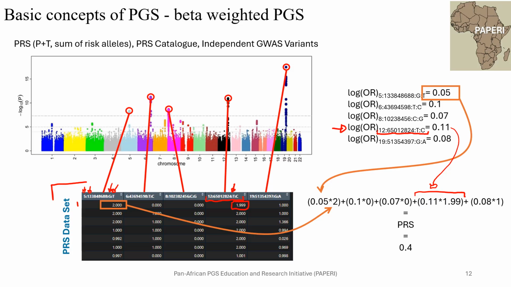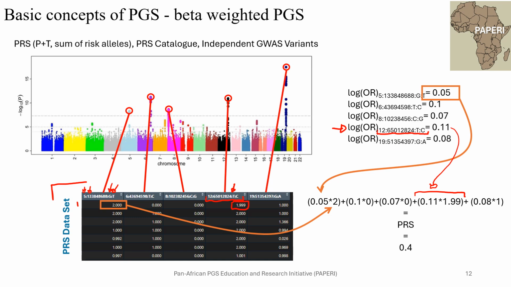This genetic loci, the SNP, gets a higher weight in importance in the final score because the effect size from the GWAS study, 0.11, is just larger. So it has more of an impact in determining disease risk.